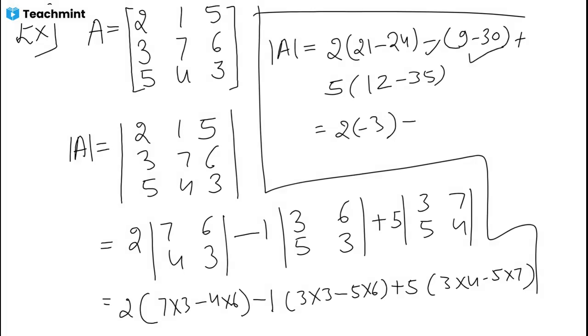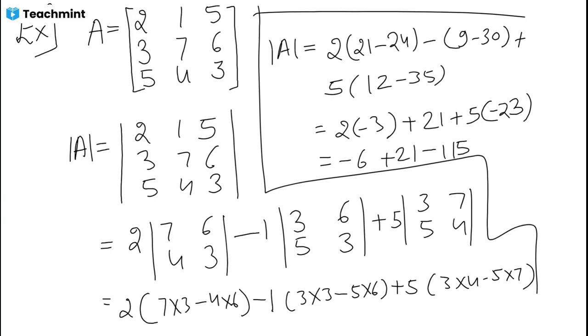So this will become positive because of this minus 1 negative outside. So now subtract 12 from 35. So you'll get minus 23. Minus 6 plus 21 and minus 115 we have. Now let us find the determinant of A.